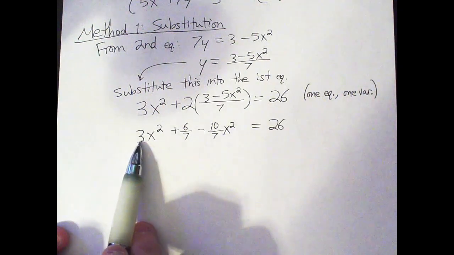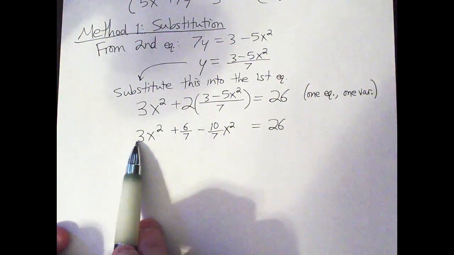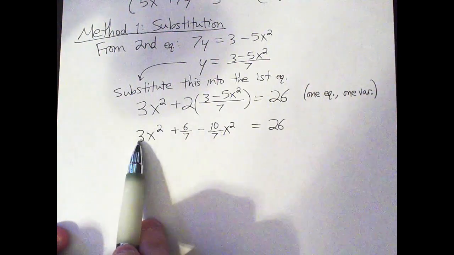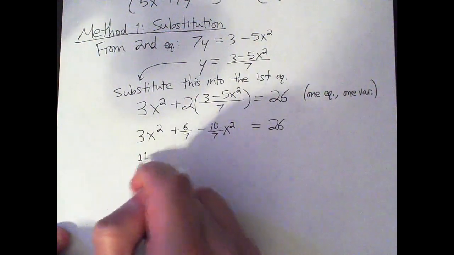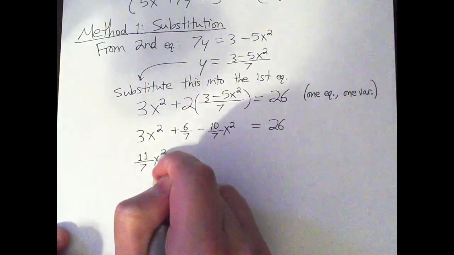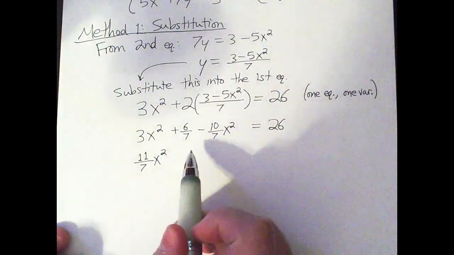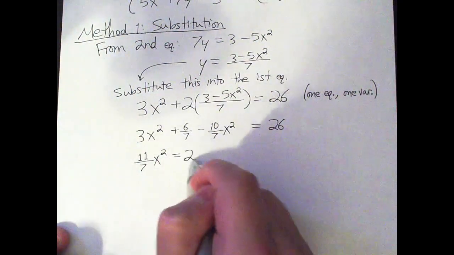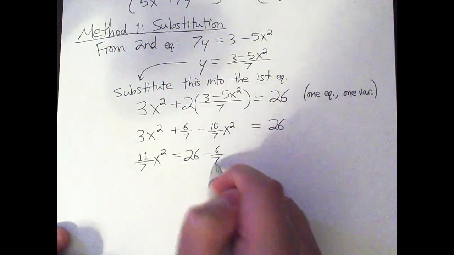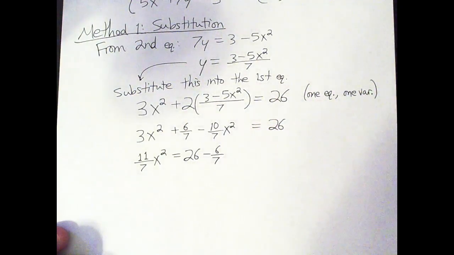I guess the 3 could be thought of as 21 over 7. 21 over 7 minus 10 over 7 is 11 over 7, right? And then what about this 6 over 7? Let's just bring that over to the other side, like that. So I'm trying to solve for x, and we made it a little bit simpler.